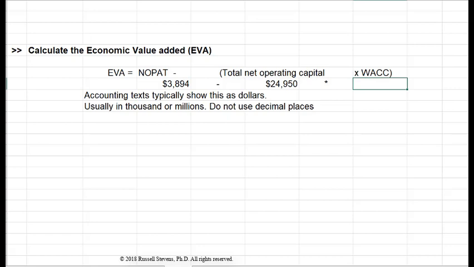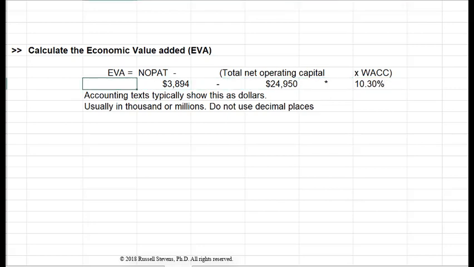The weighted average cost of capital, WACC, is down towards the bottom of the PDF printout. It is 10.3%. Enter a 10.3 with a percentage sign into the cell under WACC.